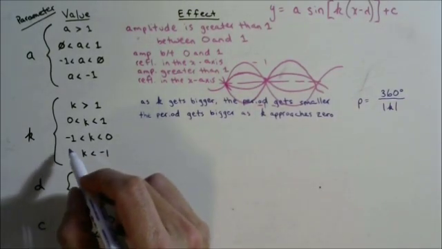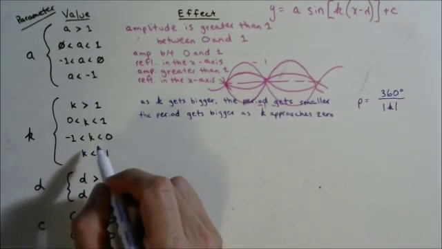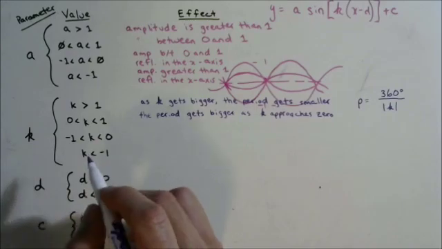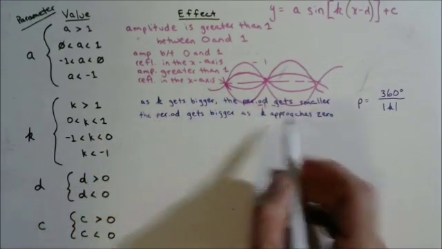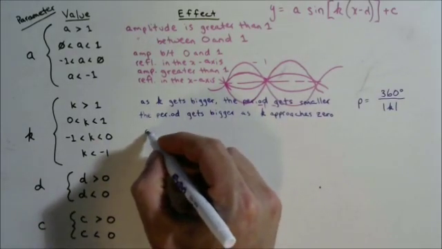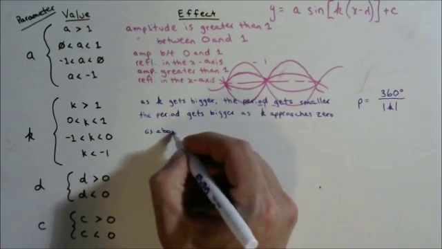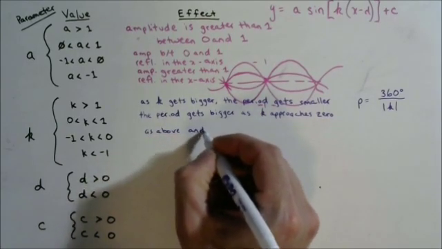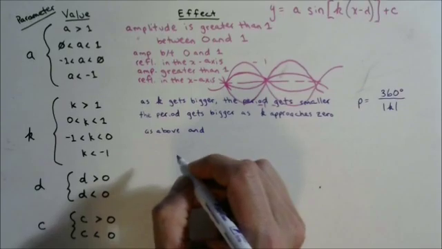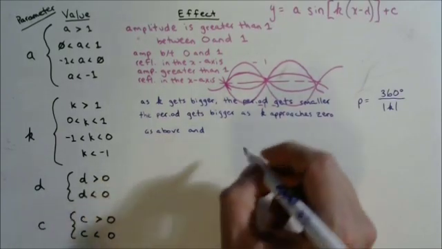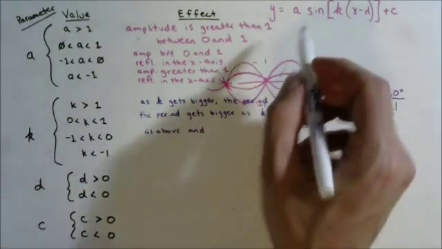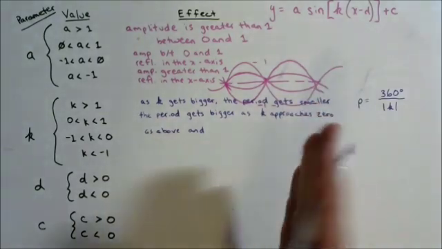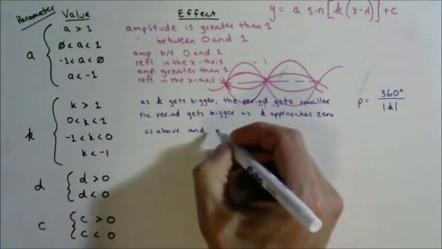If it is between -1 and 0, then we can say the same thing as above. So we'll just go as above. And what happens? It is actually a reflection in the y-axis because k would be negative. So it would flip this thing over the y-axis.